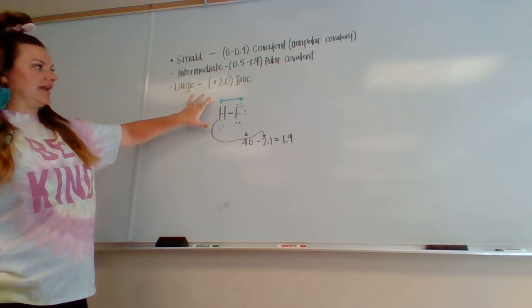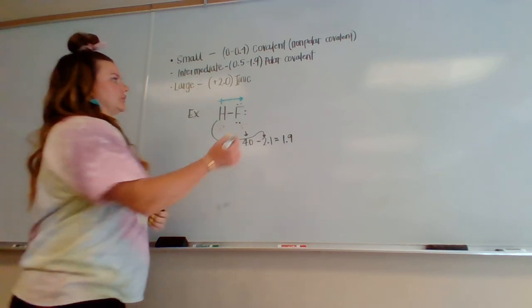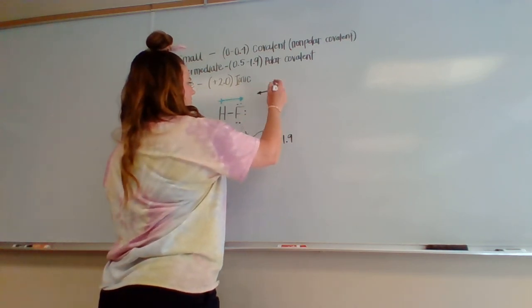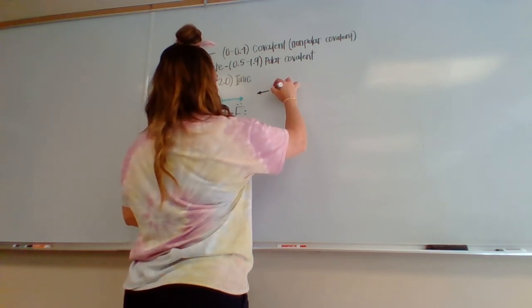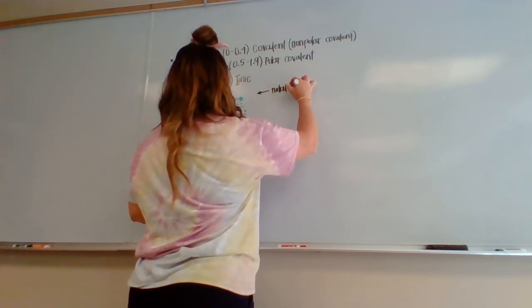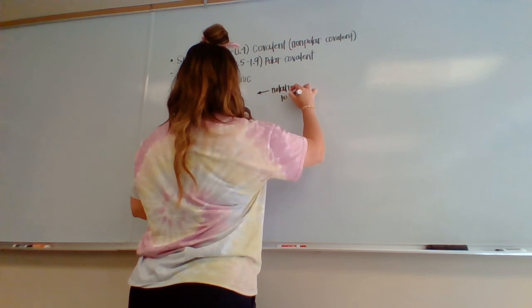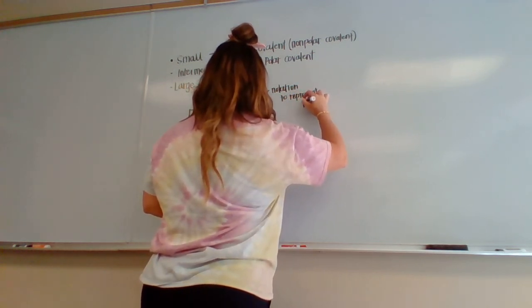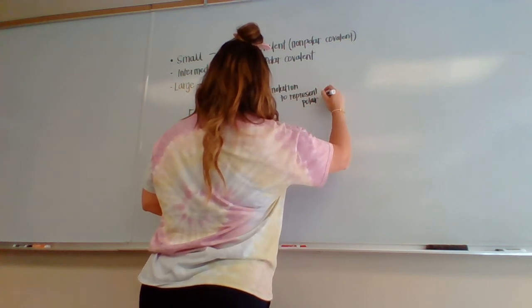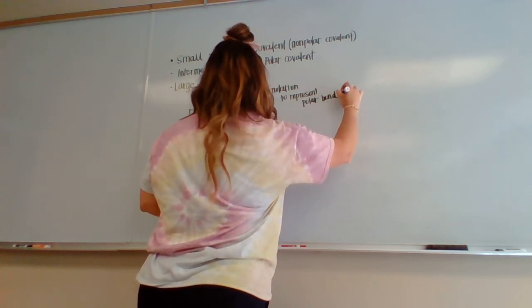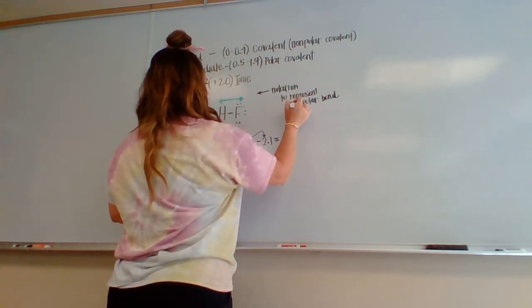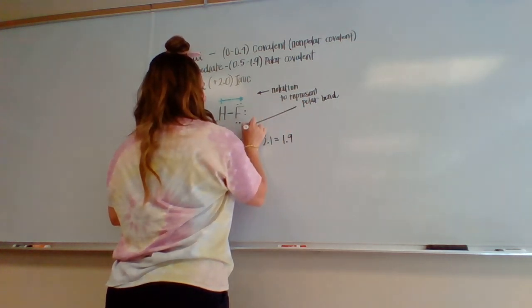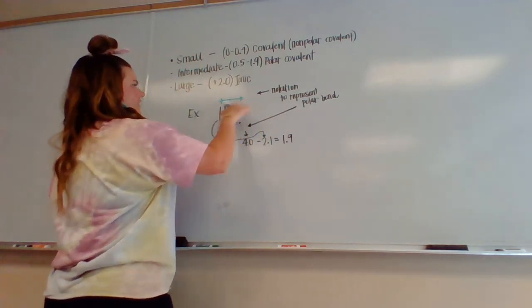So that's one notation to represent a polar bond. You could use the partial positive, partial negative, or this arrow.